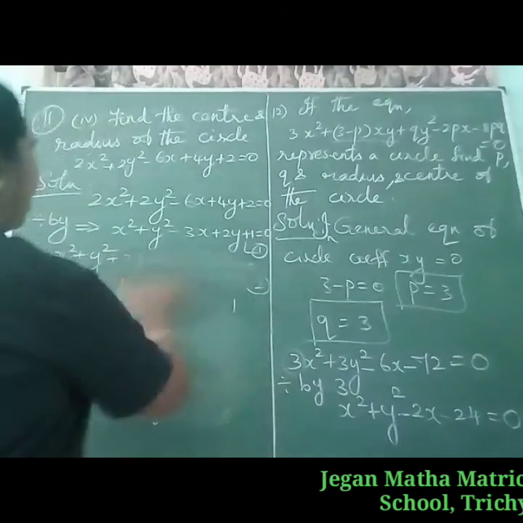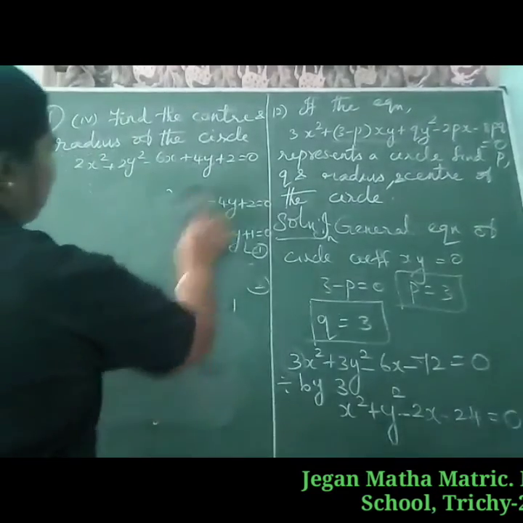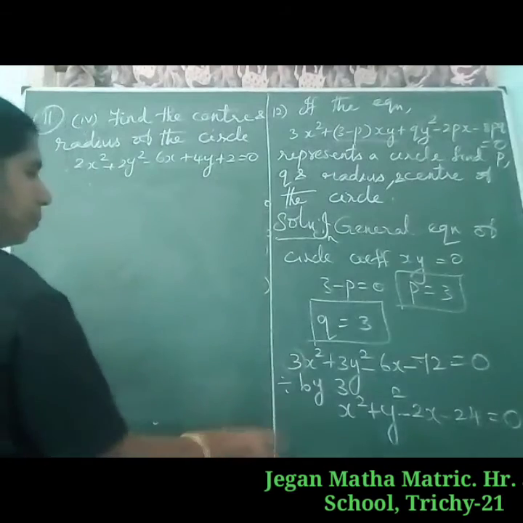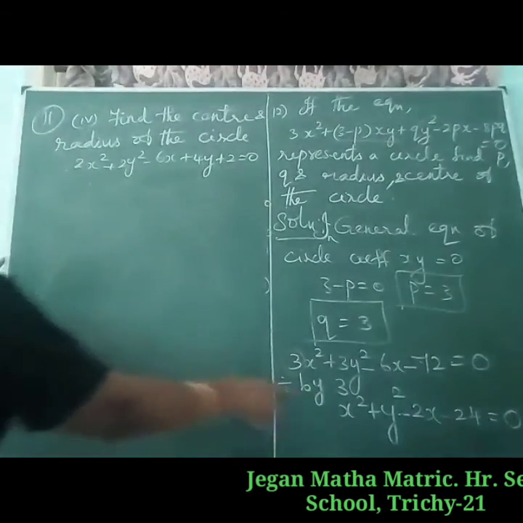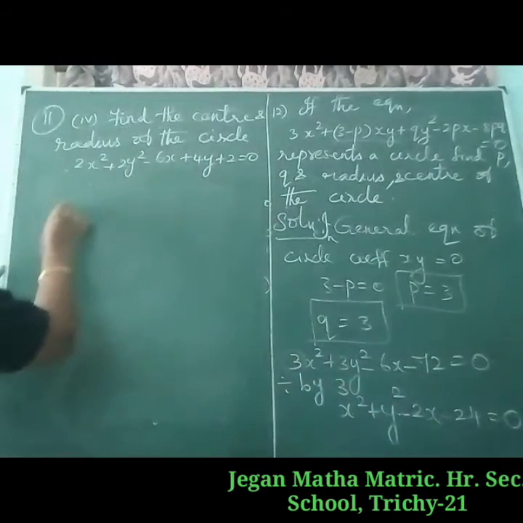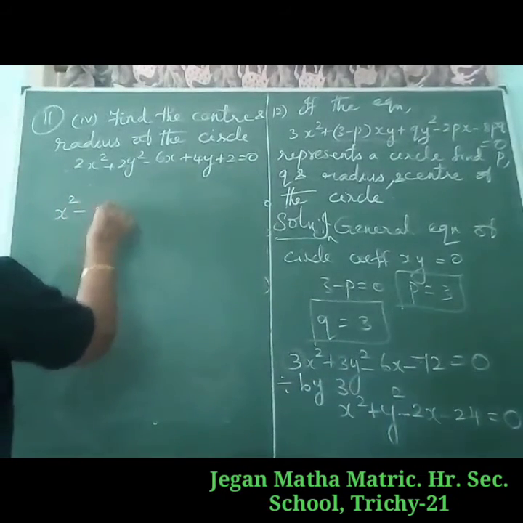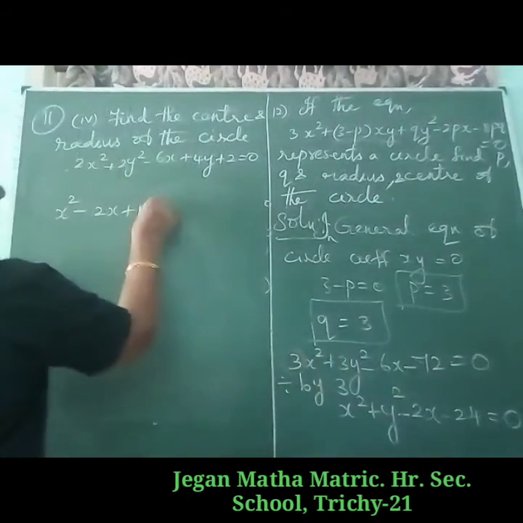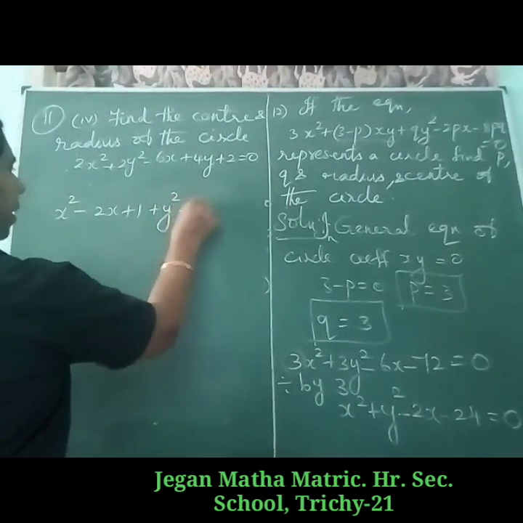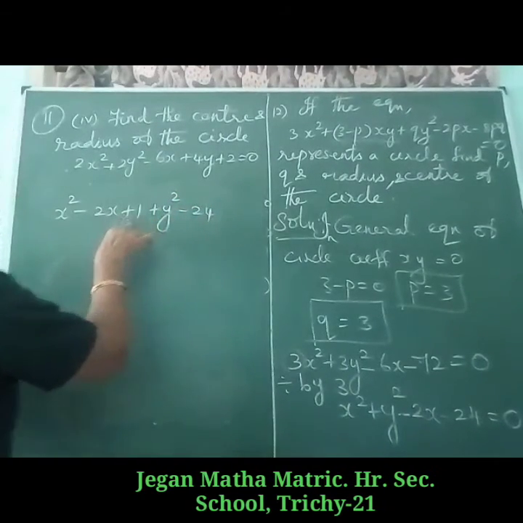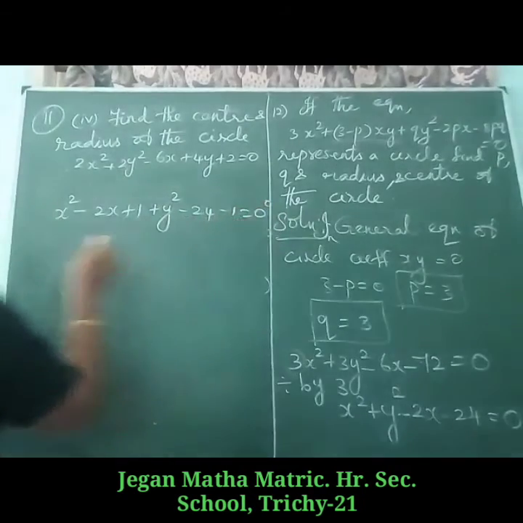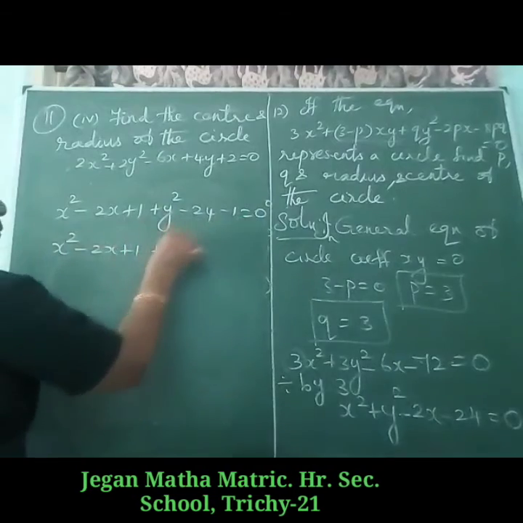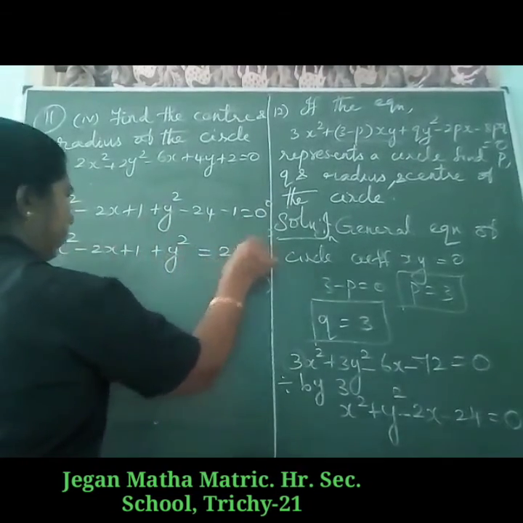To find out the center and radius, this equation can be written as x square minus 2x plus 1 plus y square minus 24. Here plus 1 I have added, minus 1 equal to 0. That is x square minus 2x plus 1 plus y square equal to 25.